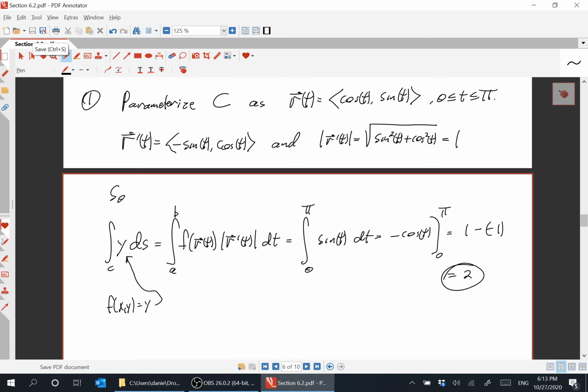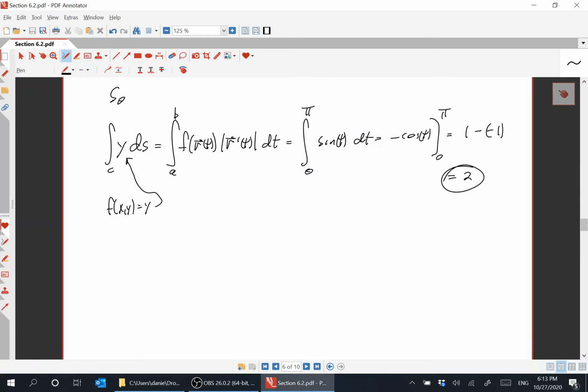Let's parameterize in a different way. Parameterize c as r of t. And here's a trick you can always use. The circle of radius 1 is the unit circle, x squared plus y squared equals 1.